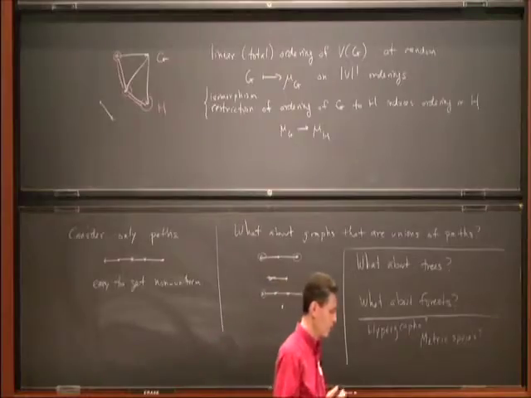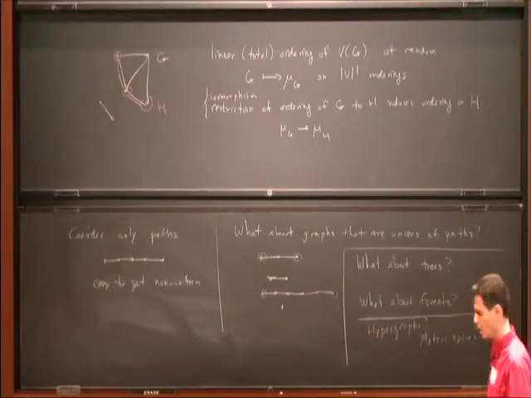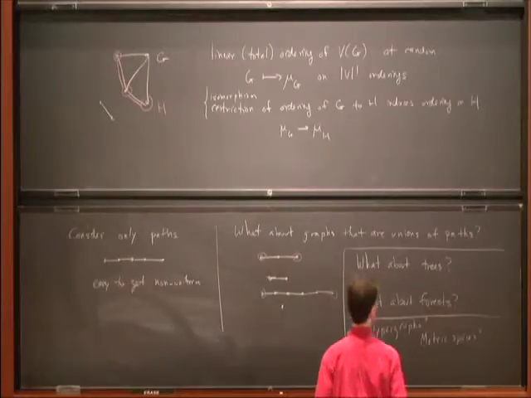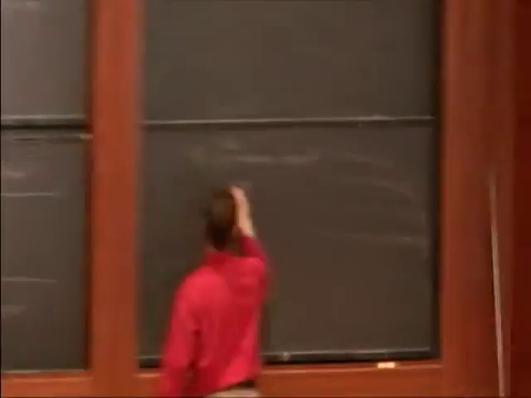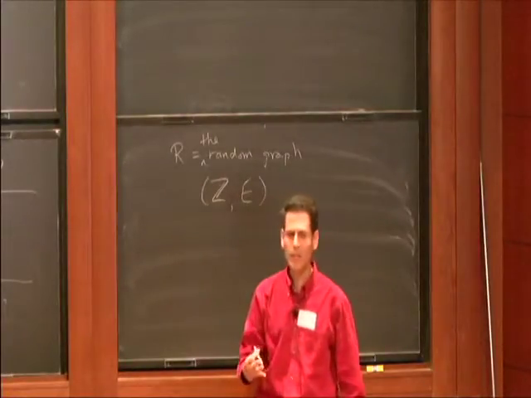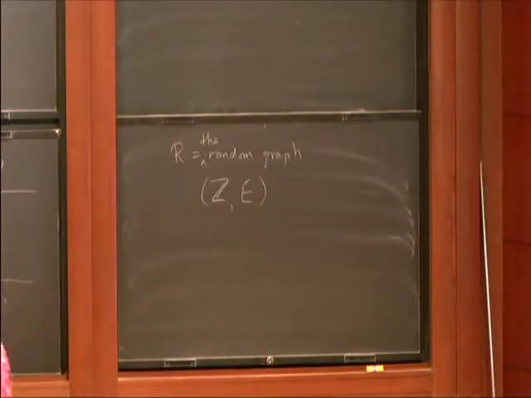Now, before I tell you how we prove that, let me tell you briefly what the application is, and then I'll come back later to the details of the application. So, there's something called the random graph, not a random graph, the random graph. It has an infinite countable vertex set, say the integers, doesn't matter, and some edge set, which is not random.